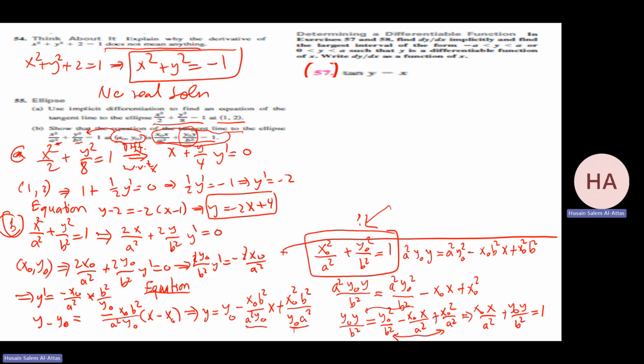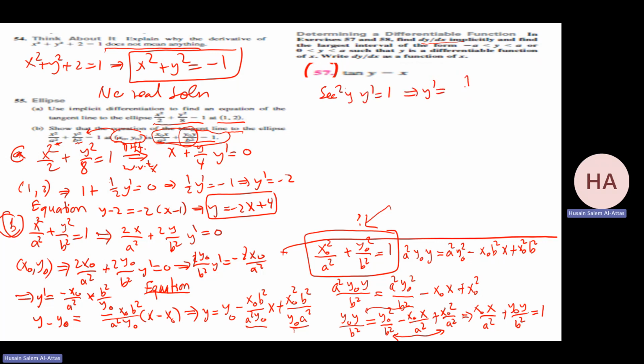Now tan y equal x. What they want in the exercise: find dy by dx implicitly, and then find the largest interval on which this form is defined. So y is a differentiable function. I will differentiate. So I have secant square y prime is equal to 1.